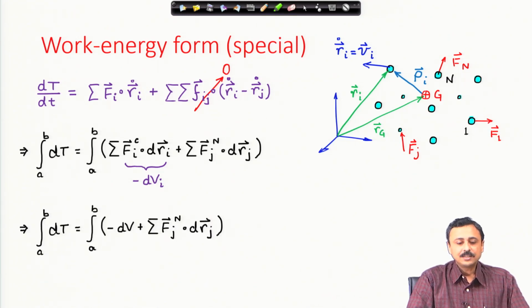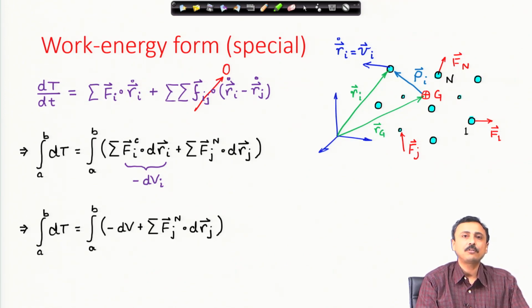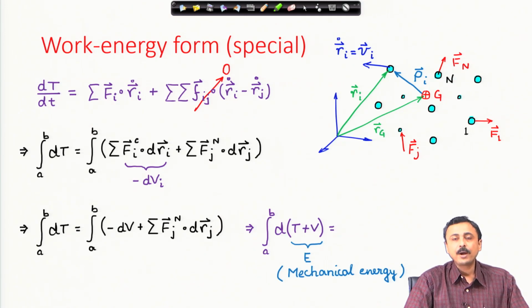Therefore, I can write the summation of all these dV_i's as dV, the total potential of the system, because individual particles can in general be in different potential fields. The sum of all these potential fields is V, and this term on the right hand side, minus dV_i, I can take to the left hand side and combine with the kinetic term.